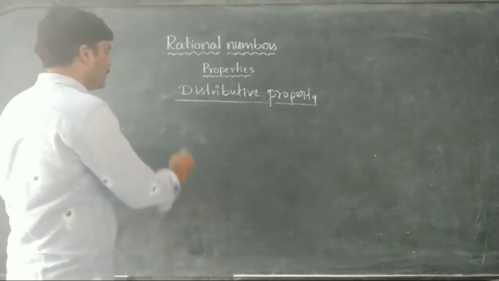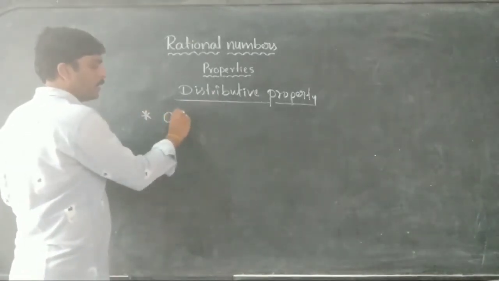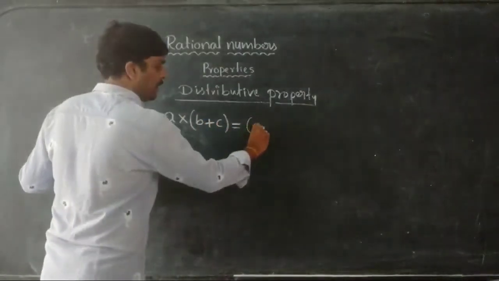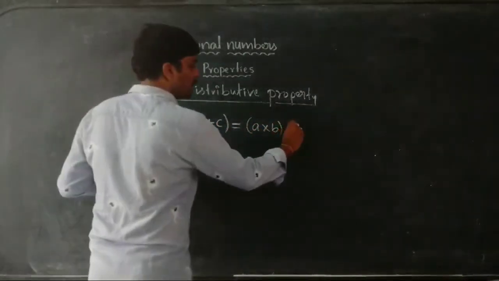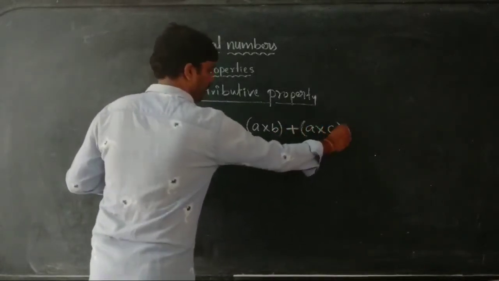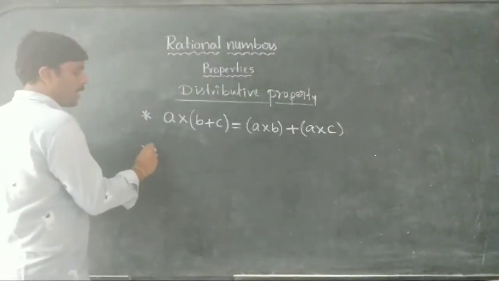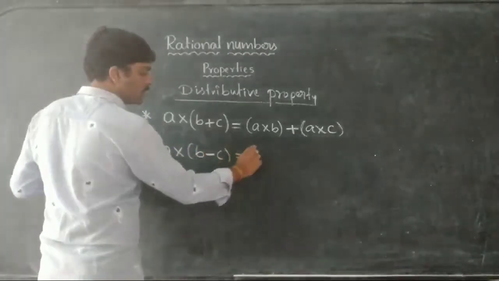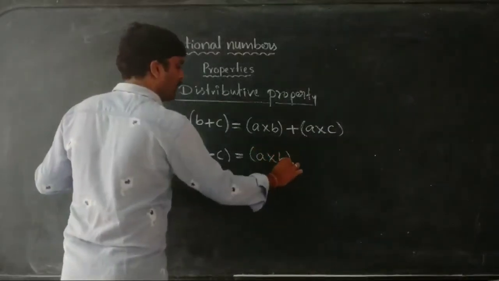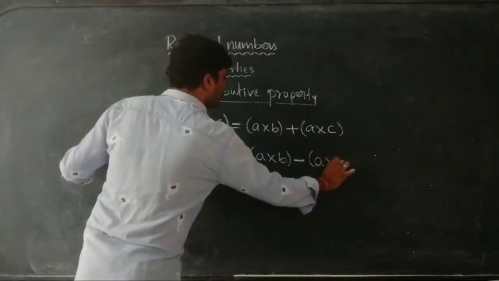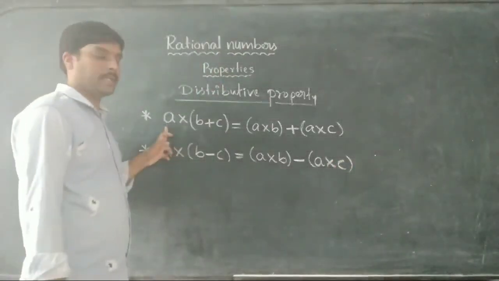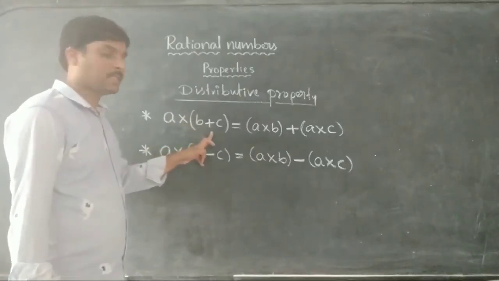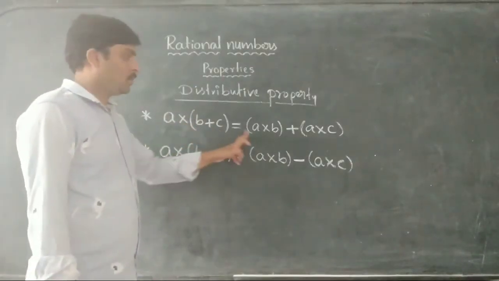Distributive property. The first one is A into (B plus C) is equal to A into B plus A into C. This is one of the distributive properties. And the second one is A into (B minus C) is equal to A into B minus A into C. Here A is distributing. A is distributed to B and C: A into B plus A into C. That is the distributive property.